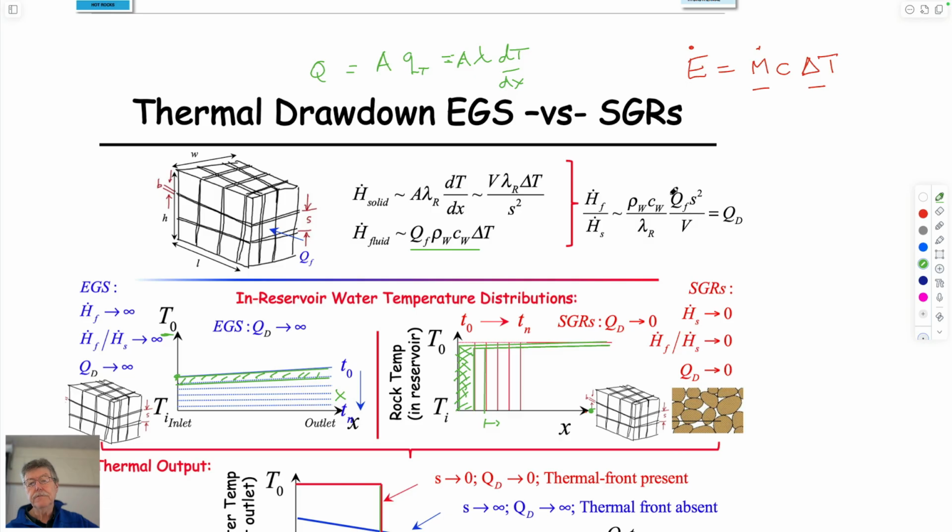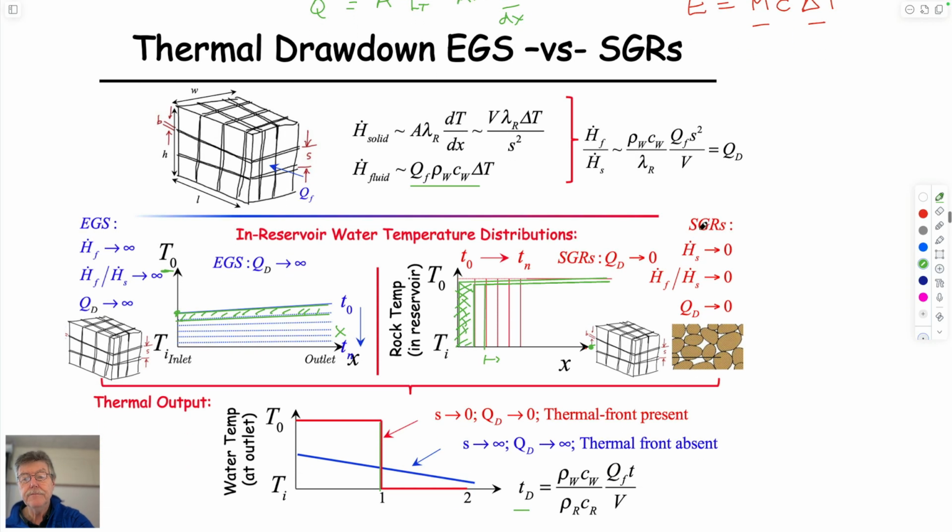What this non-dimensional flow rate would tell you is that if the volumetric flow rate is very small, or the spacing between fractures is very small, it would act like this system, and it would behave like this blue line. You get a breakthrough, and you can calculate what that magnitude should be, and it should be roughly a dimensionless time that's given by this.